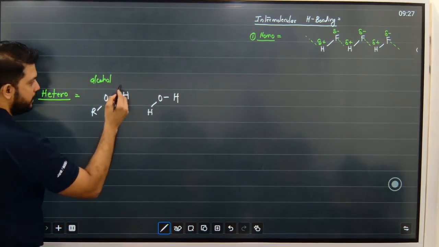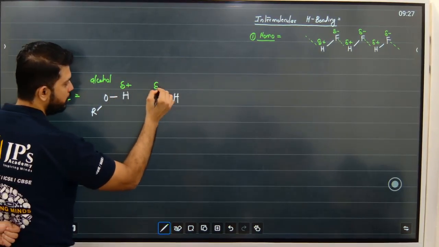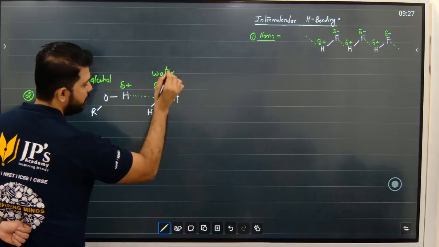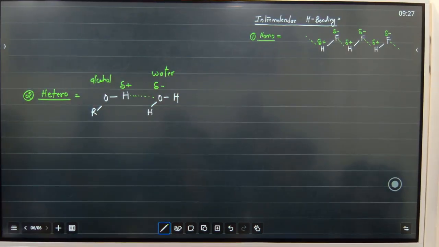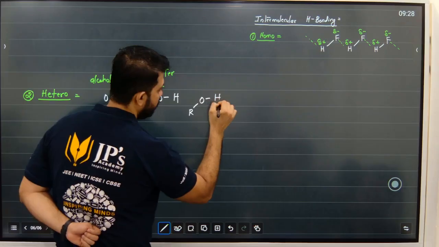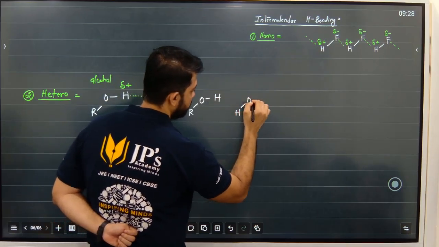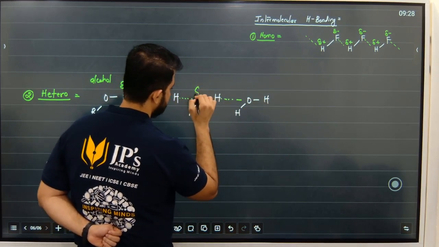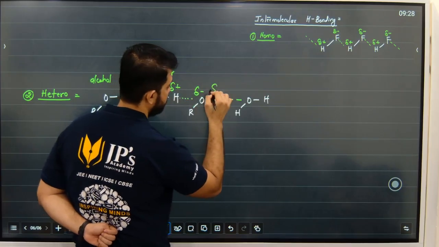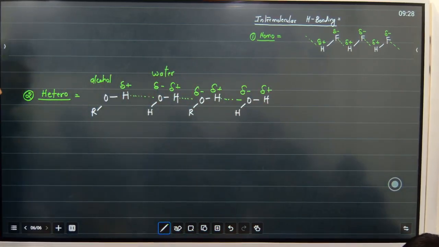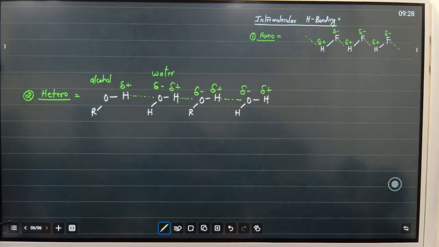So a hetero intermolecular hydrogen bond. I repeat, one is alcohol, the other is water. This would be called hetero intermolecular hydrogen bonding. This is hetero intermolecular hydrogen bond. Any questions still here? Chalo.